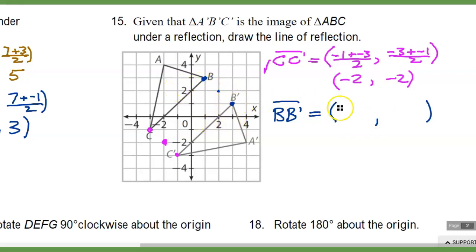We have 3, 1, and we have 1, 3. So the x's are 3 and 1. It's very familiar, doesn't it? Divided by 2. And my y's are 1 and 3. So we get 2, 2. So that ensures we have our answers correct.